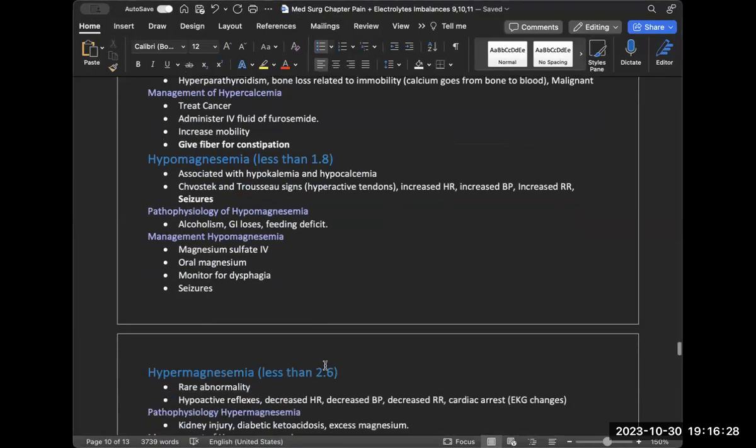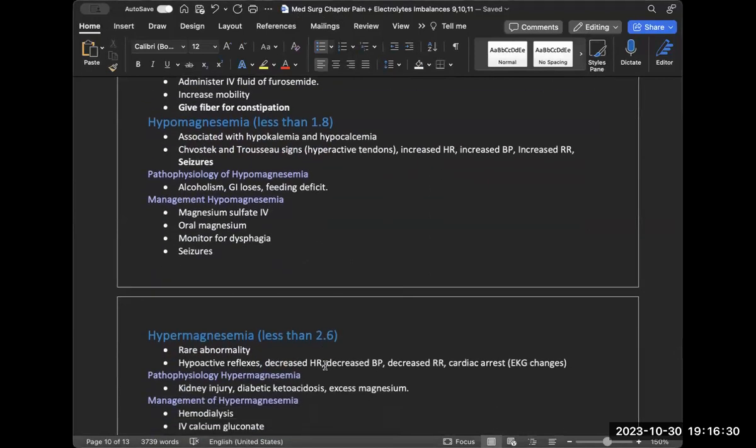So as I said, I don't need to repeat anything because hypomagnesemia, which is normal magnesium level, is 1.8 to 2.6. Hypomagnesemia mimics hypocalcemia.